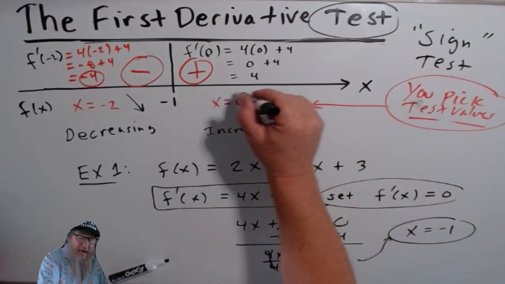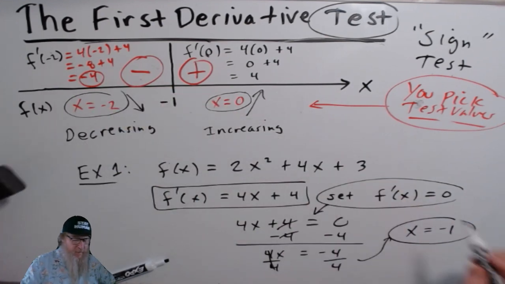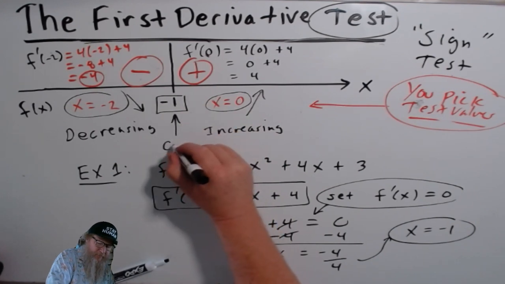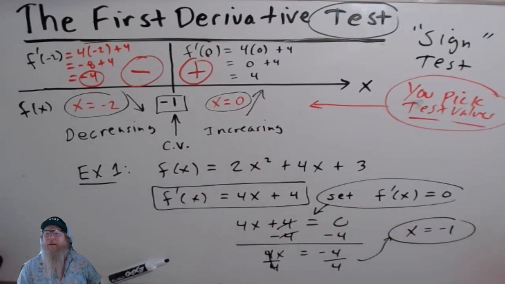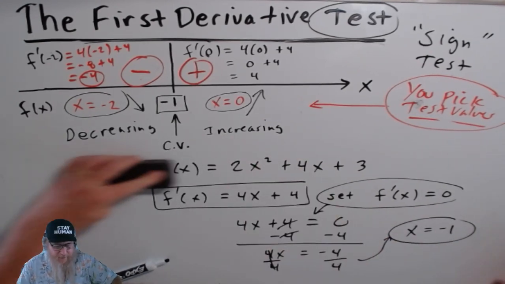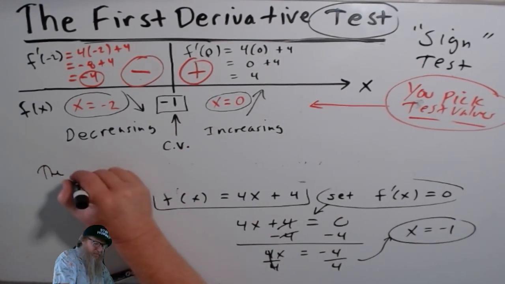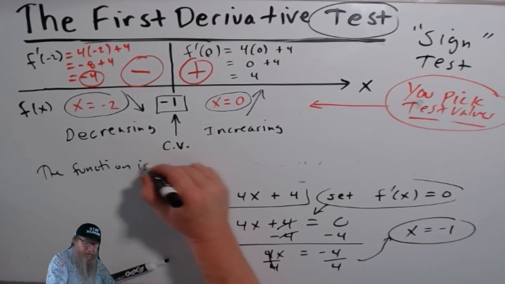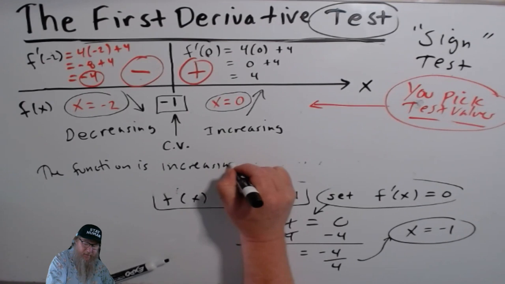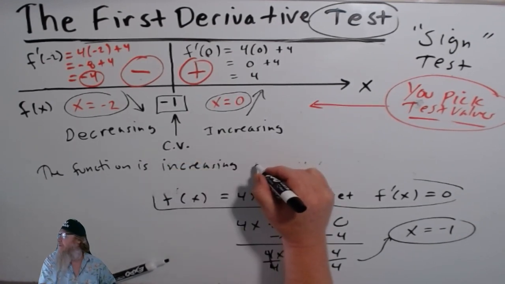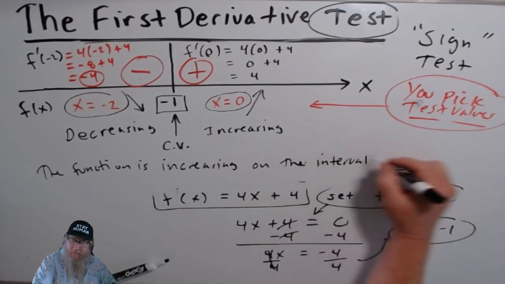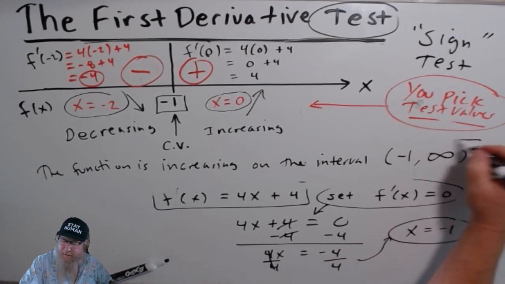Now, we're only testing one number. We have the critical value, -1. And so this tells us that the function is increasing on the interval -1 to infinity.